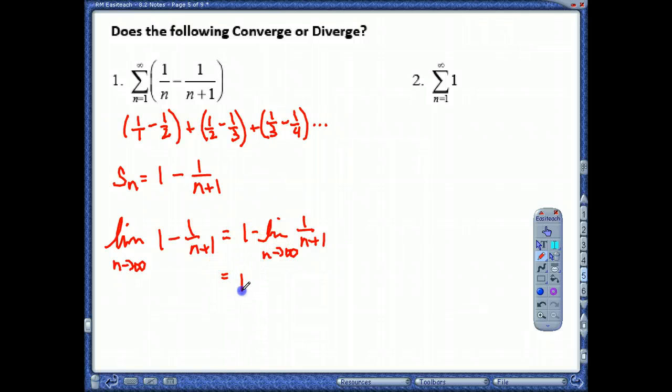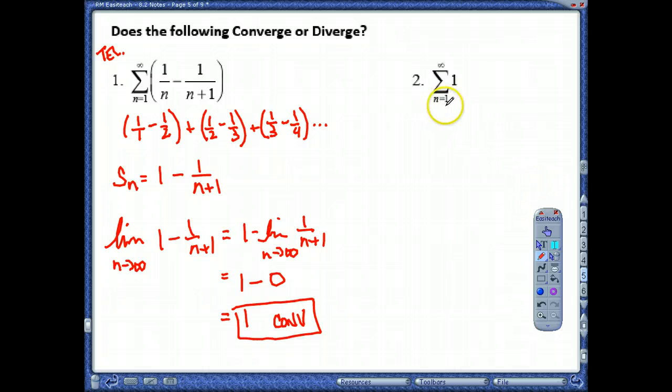So when I look at this, I've got 1 minus, well, as n gets really, really big, the denominator gets really, really big, the fraction gets really, really small. So this is going to have a limit of 1, which means that series converges. Well, that wasn't so bad. So this is one of those telescoping series.